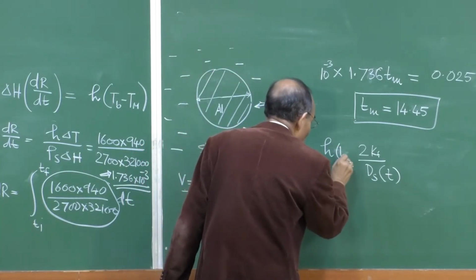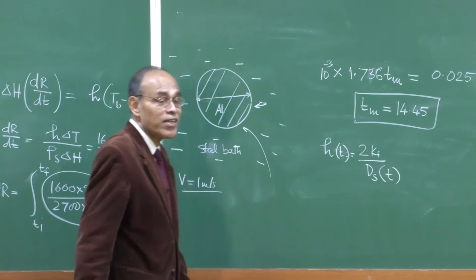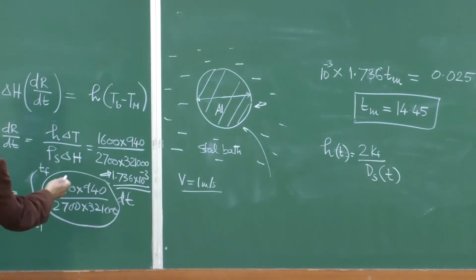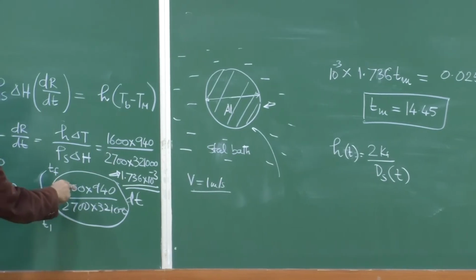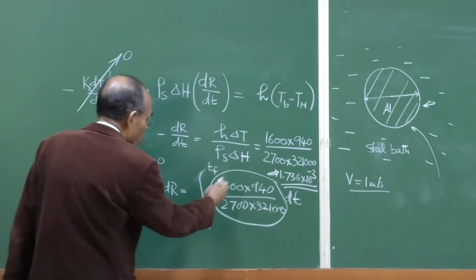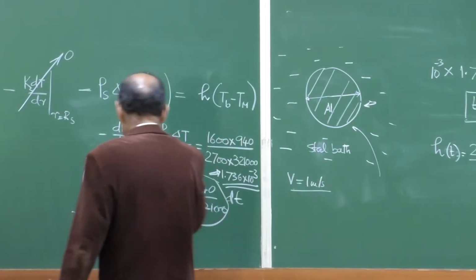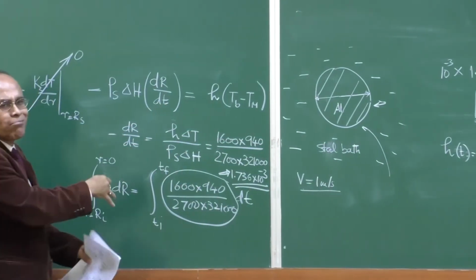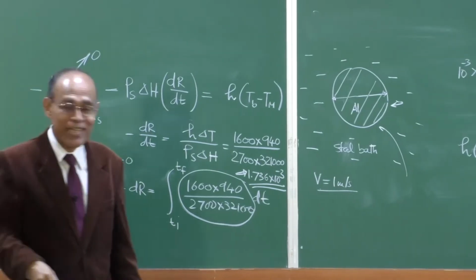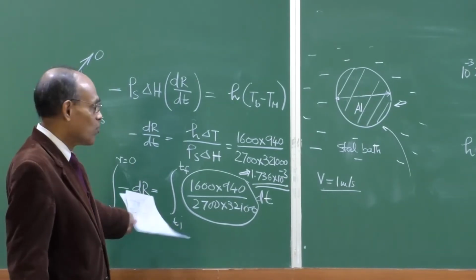So, essentially, truly speaking, the heat transfer coefficient is a function of time, and in that case the right hand side will become a function of time, or a function of radius, and then you will have to do a little more complex integration than what I have done in this particular case.